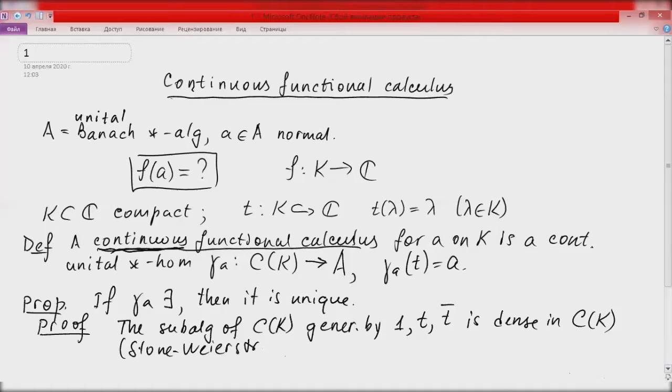So it's clearly a unital star subalgebra which separates the points of K. Our gamma is unital, and since this subalgebra is dense, gamma is uniquely determined by gamma of t. But gamma of t is a. Now, this implies that such a map is unique.